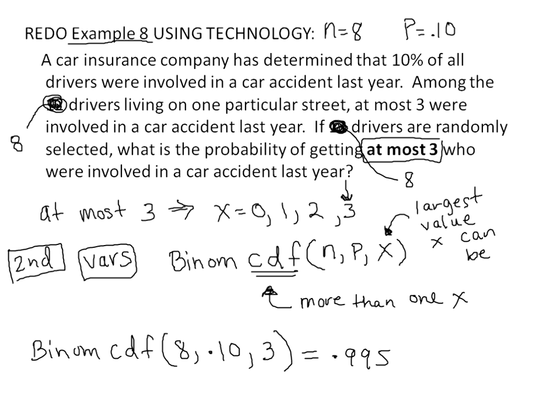When you put in that value of x, it calculates that value and everything that comes to the left. Not to the right, but everything that comes to the left. That's how that CDF command works. So if you have that at least situation where you want all the numbers to the right instead of all the numbers to the left, you have to make an adjustment.